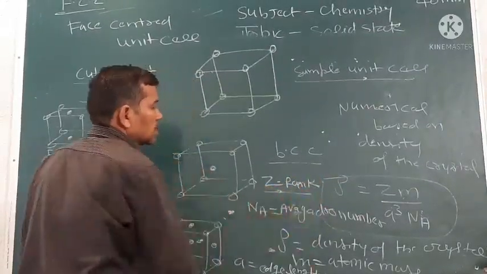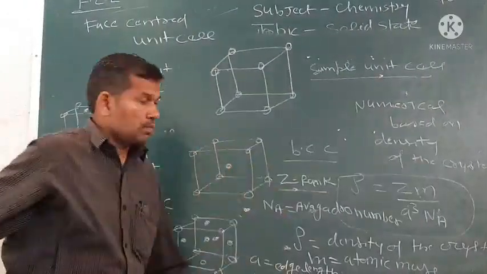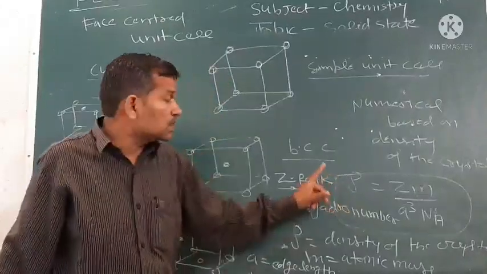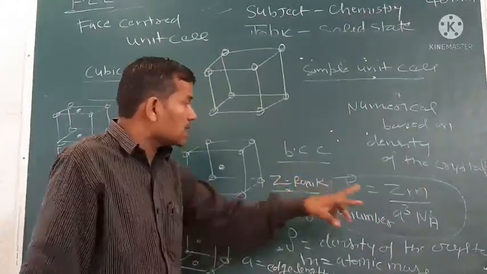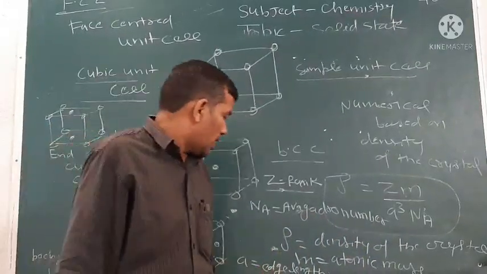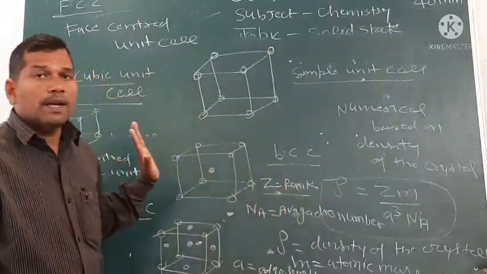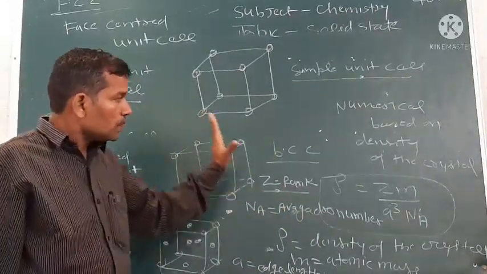Z means rank; it is an important term. Rho is the density of the crystal, Z is the rank, M is the atomic mass of the cubic unit cell, a is the length of the cube, and Na is the Avogadro number.